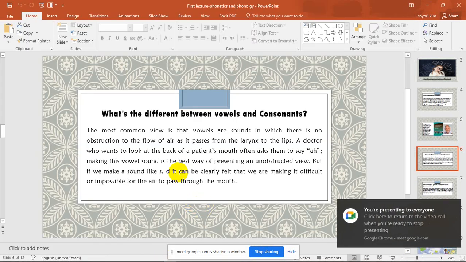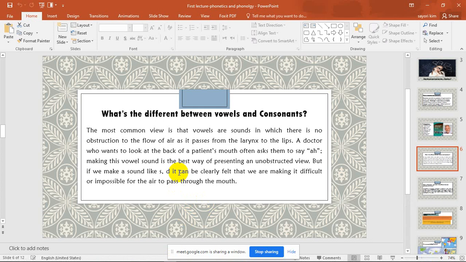Or we will have a slight obstruction to the airflow, like when we pronounce the fricative consonants like s. We still have a very small narrowing that allows the airflow to come out, but still there is a slight obstruction.